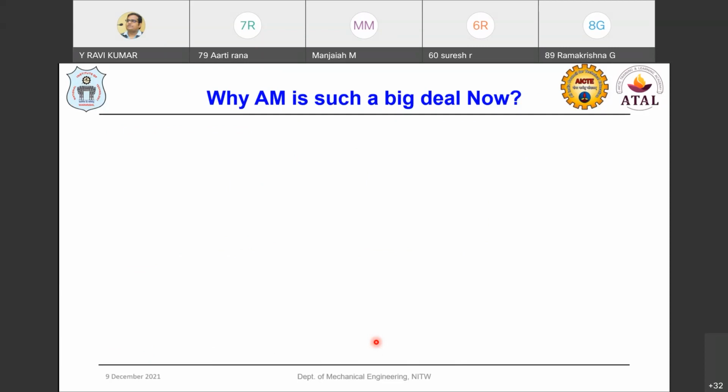Yes, we can manufacture those parts, whatever we have in our thoughts, for the functional aspects. But there are certain challenges, and we also think about whether the components we can manufacture are ready to use or not. Yes, they can be manufactured and used for real-time applications.